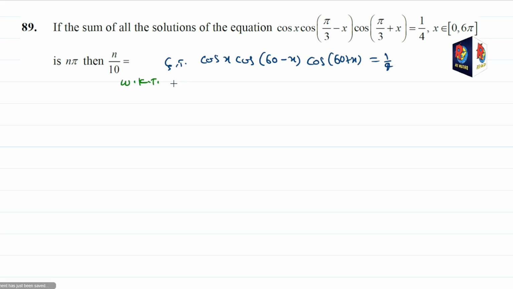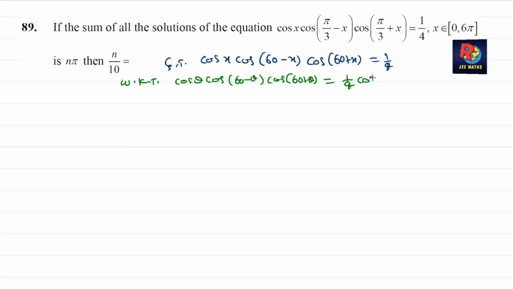We need to use this formula: cos θ cos(60 - θ) cos(60 + θ) equals 1/4 cos 3θ. Using this formula, I can write the given information as 1/4 of cos 3x equals 1/4.